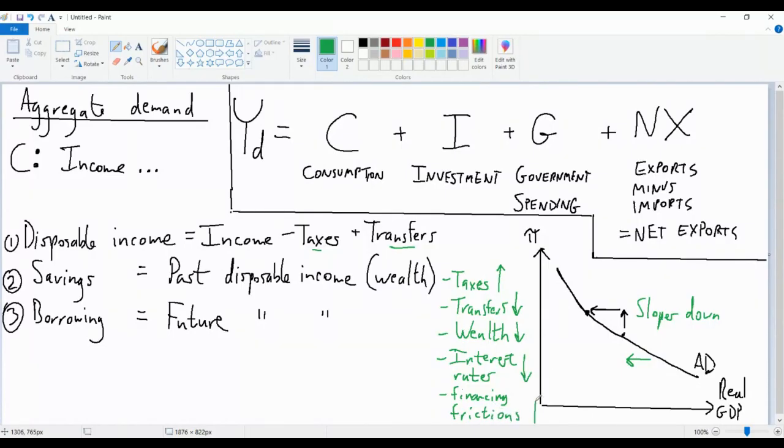If financing frictions become severe, any factor that makes it harder for banks to lend or less willing to lend, then that cuts you off from the possibility of much borrowing. Of course, it might also lead to a decline in your wealth. Financing frictions going up makes borrowing harder, or accessing your wealth harder, and so that should also decrease demand.